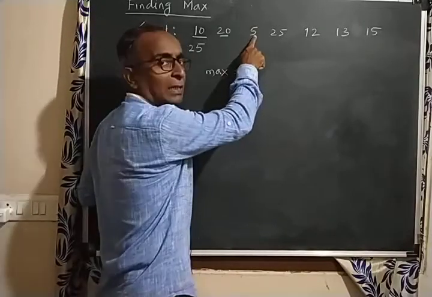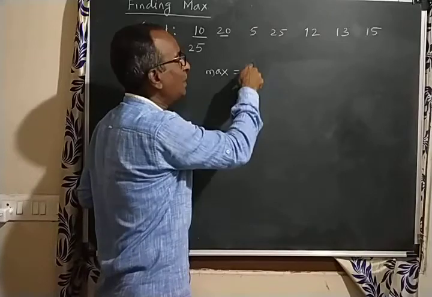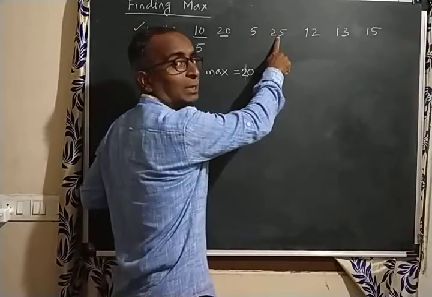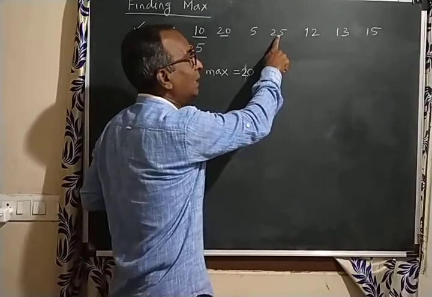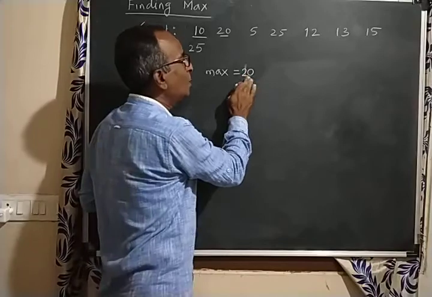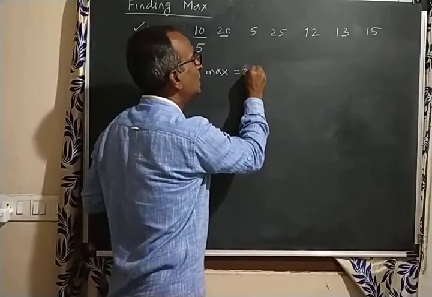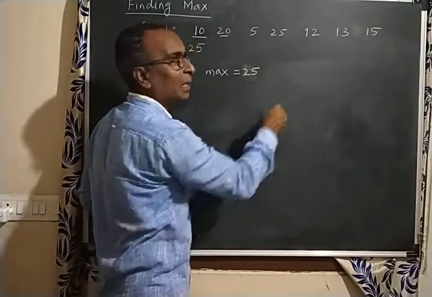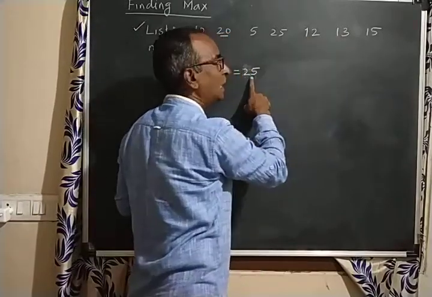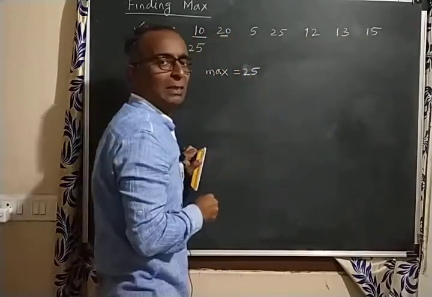Then next number I'll read. Next number is less than this. So I'll go to next number, 25. Now 25 is greater than this number. So I'll change this number. 12 is less than this. So go to next. 13 less. 15 also less.